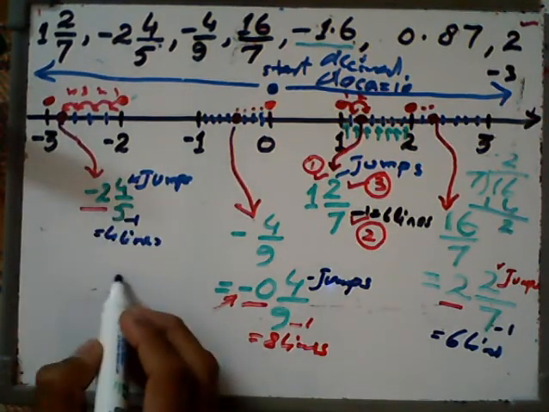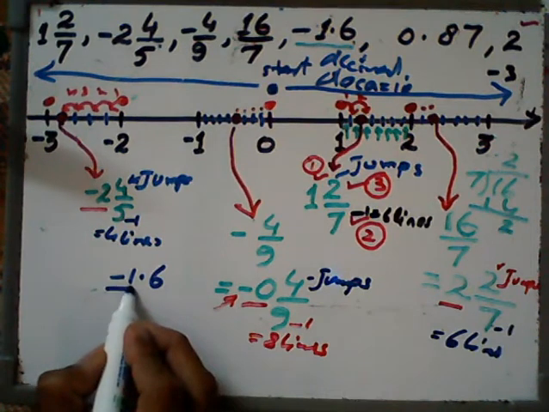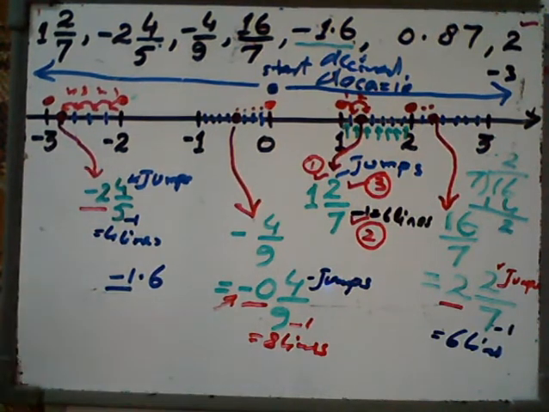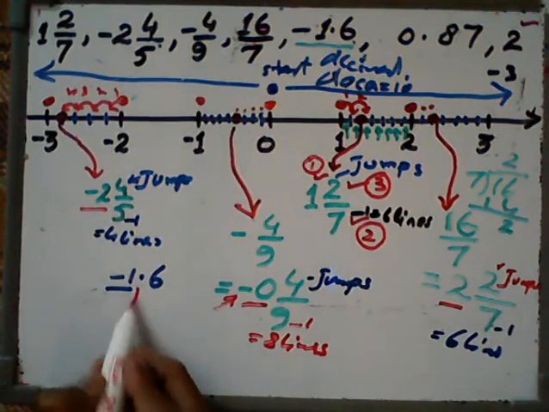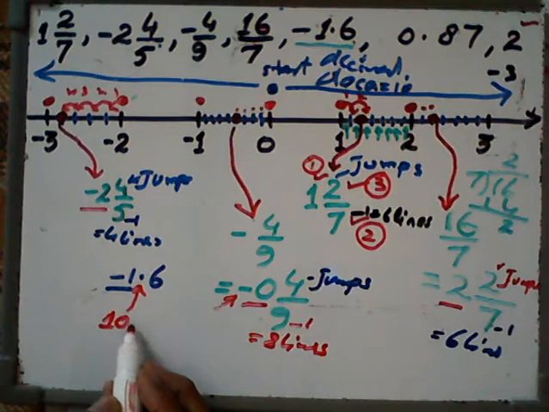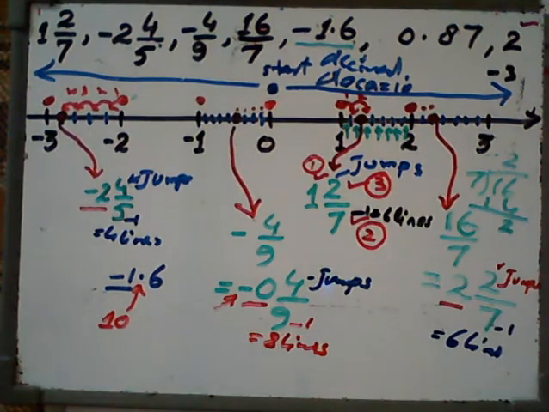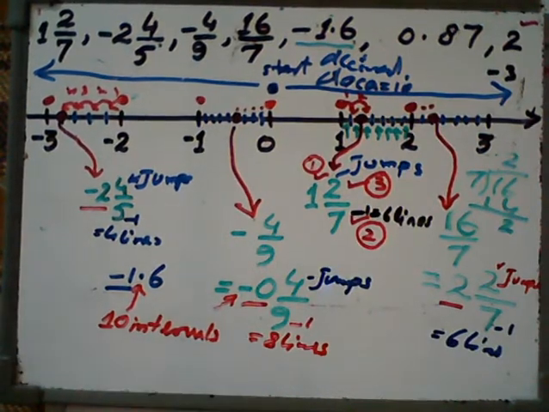So for minus 1.6, our starting point is -1, and the decimal shows 10 intervals. So from -1, with 10 intervals, 10 minus 1 is 9 lines.